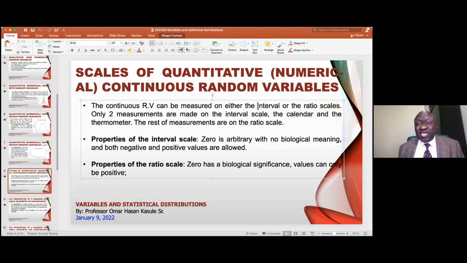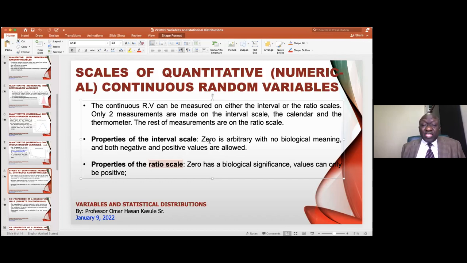The interval scale is used only in two things: the calendar, the years, like this year we are 2022, is on the interval scale. The temperature, whether Celsius or Fahrenheit, is on the interval scale. Those are the only two things that are on the interval scale. That's why I'm saying, if you forget it, you are not going to lose much. Everything else that we measure in continuous variables is on the ratio scale.